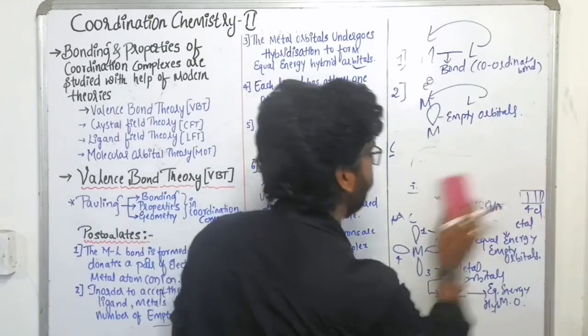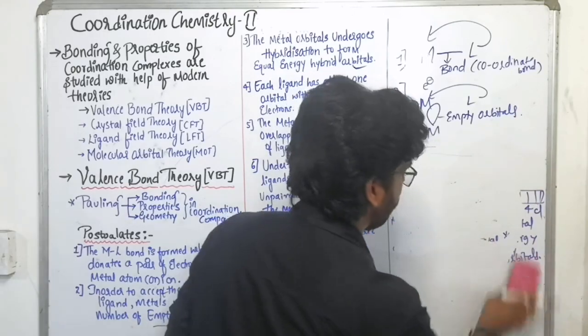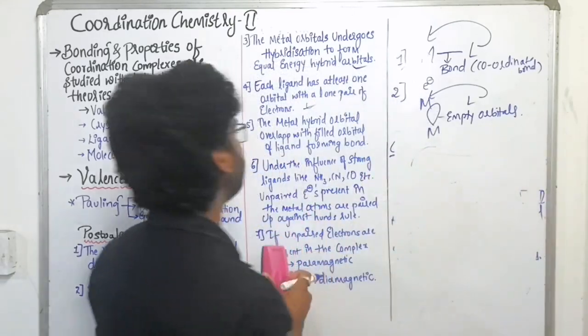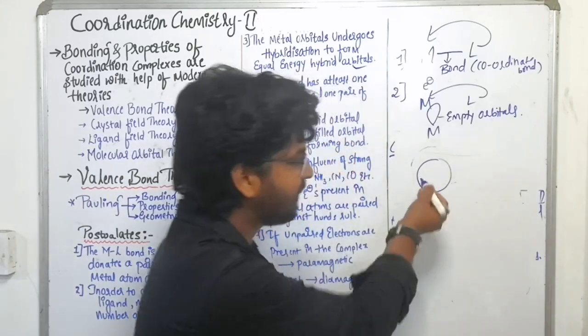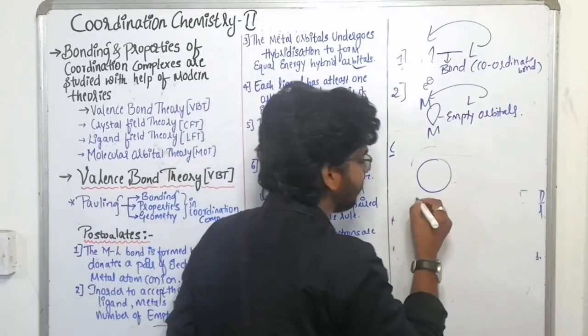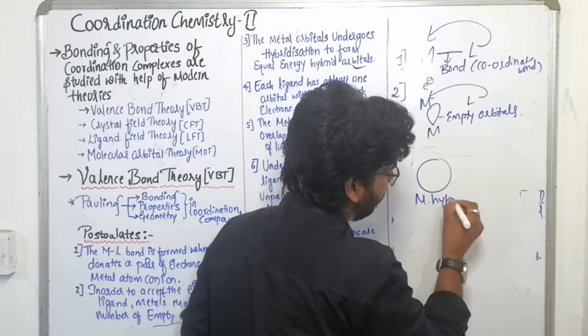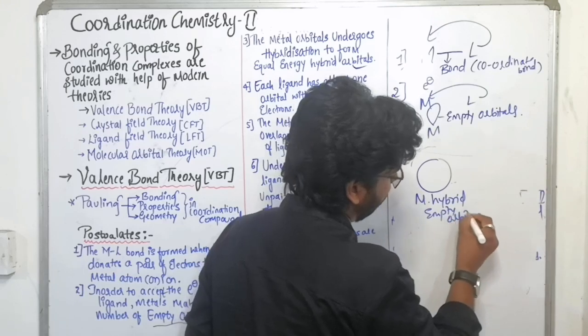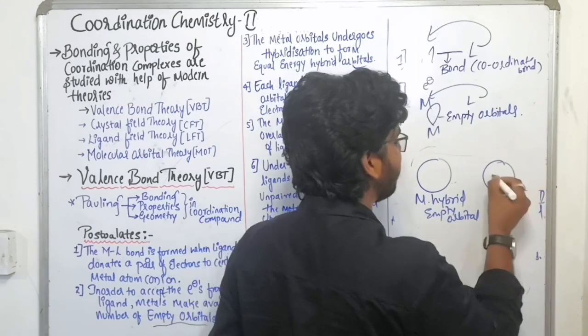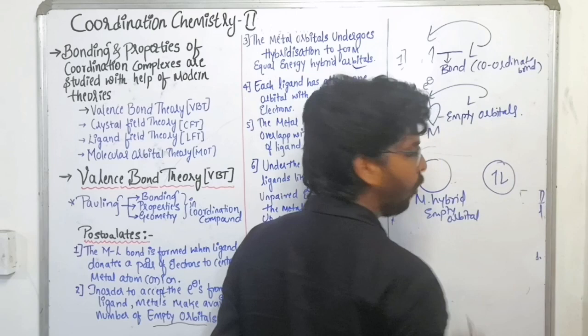If you see the fifth one now, very simple. Now the metal orbital is ready. Consider this as a metal orbital. What type of orbital is it? Metal hybrid empty orbital. And here the ligand is ready now. The ligand is having an orbital in which the lone pair of electrons is there.